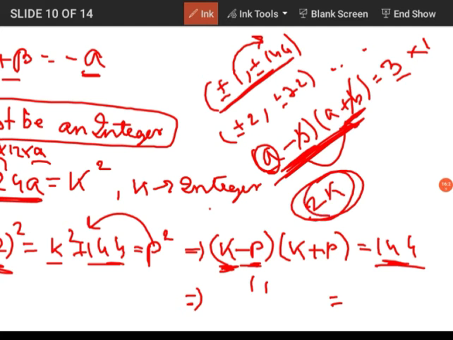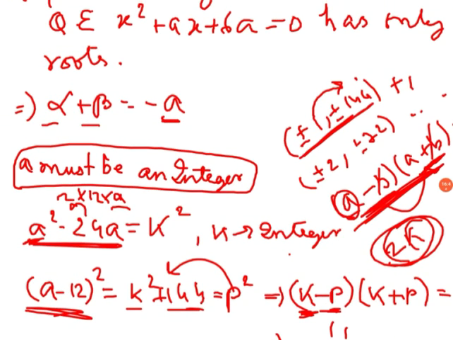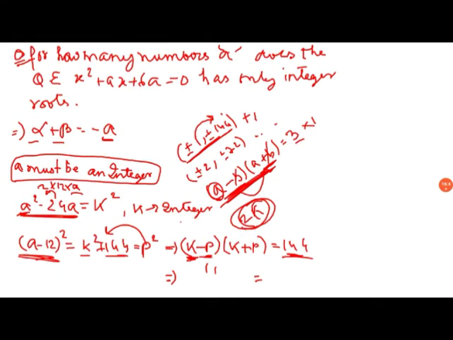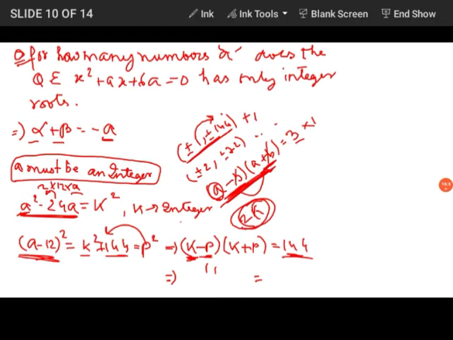So if you divide 143 by 2, k will not be an integer, so you will simply reject this case of plus 1 and plus 144. So hence now you will check all the values of k. It will take some time, and then replace k here, and then you will get the values of a. So you can do this.